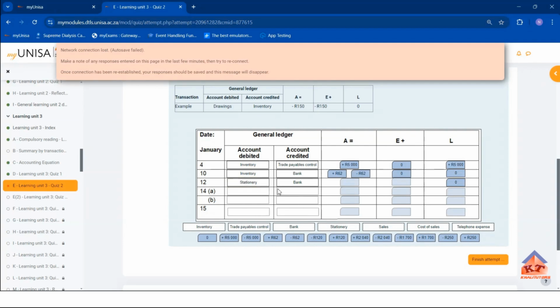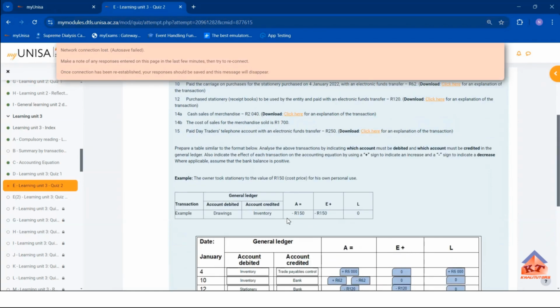Under assets, which is your bank in this case, this one will reduce by 120 rands. Your equity will also reduce by 120 rand, because whenever you spend money on expenses, you reduce your equity. Your liabilities will be zero, not affected in this case. Now that we are done with this one, let us read the next instruction.